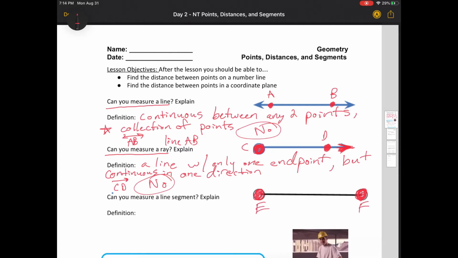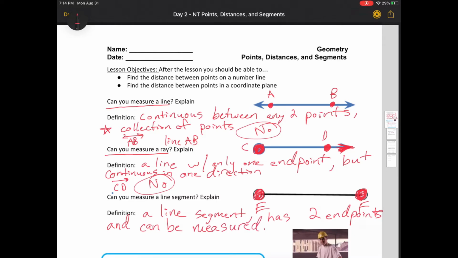So we have points E and F. So to define it, a line segment has 2 endpoints and can be measured. So therefore, there is a size to this. If we held a ruler up to it, we can get a definitive answer. So yes, we can measure a line segment.